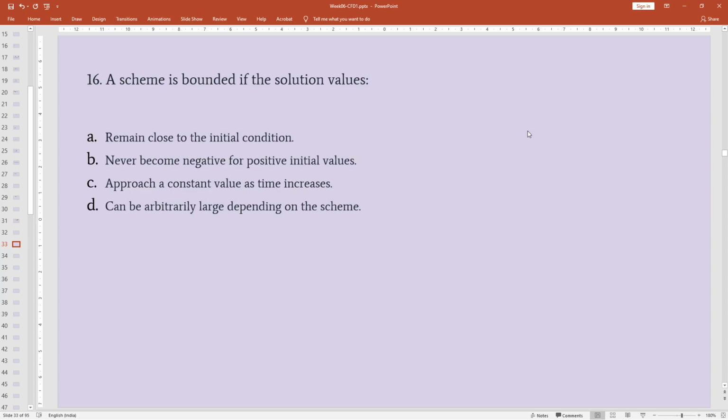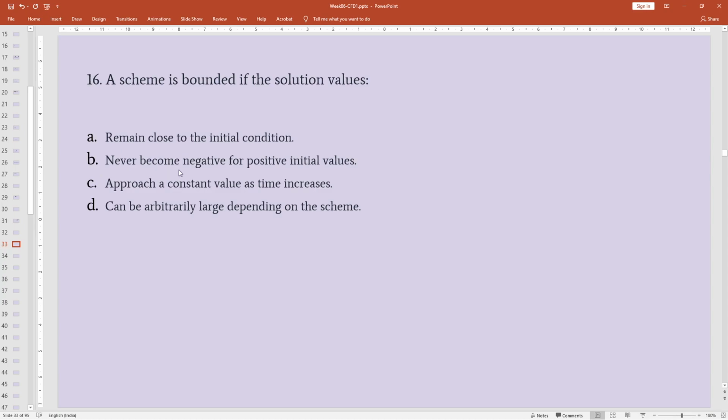Again, the next question is on boundedness. It is asking from another perspective. A scheme is said to be bounded if the solution values: option A, remain close to the initial condition.